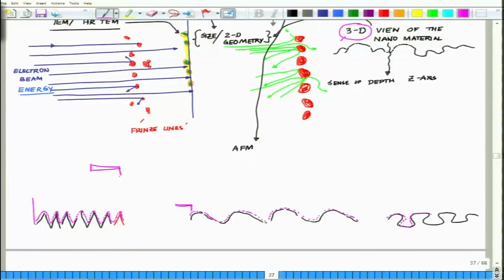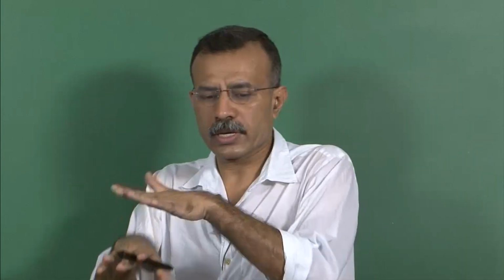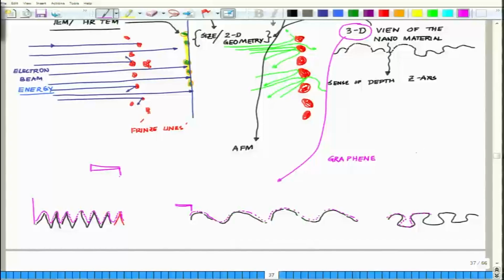Or say for example, if you see a picture of say graphene, which is essentially a 2D material, but at times you may have multiple layers of graphene stacked together. So, if you see an AFM picture, you will see a color profile telling you how many layers of graphene are stacked.